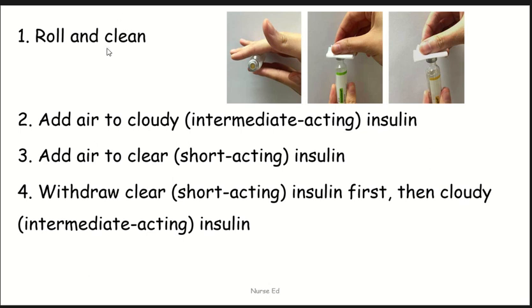So the steps of mixing insulin, if you have to take two insulins together: roll and clean the insulin vial, add air to the cloudy, or if you are using NPH and regular insulin, the intermediate-acting insulin first, and then air into the short-acting or clear insulin, and withdraw from the clear insulin and then the cloudy or intermediate-acting insulin. These are the correct sequence of steps.